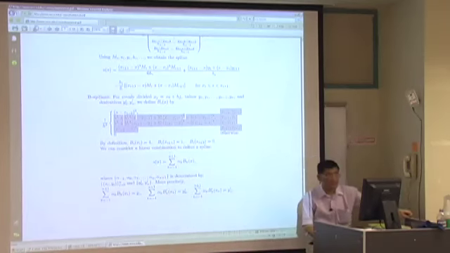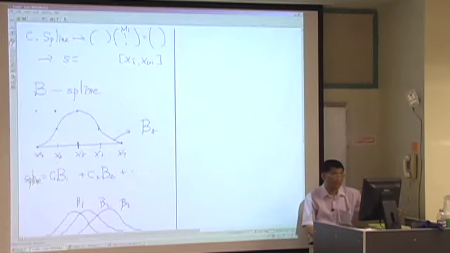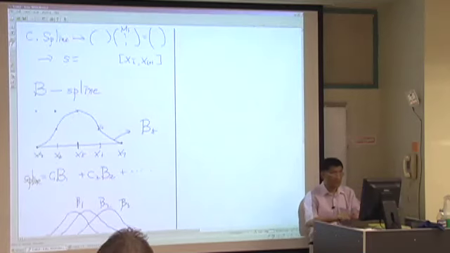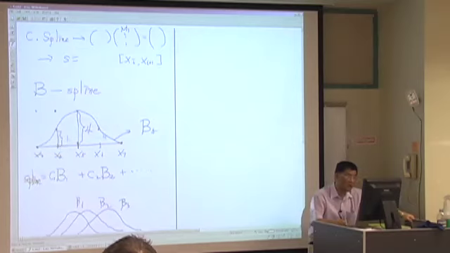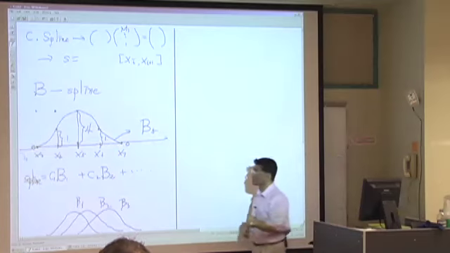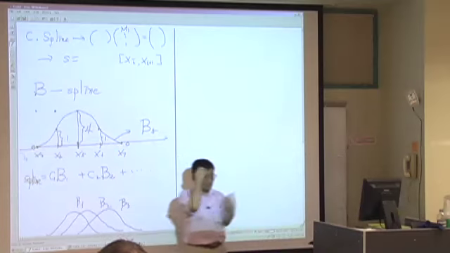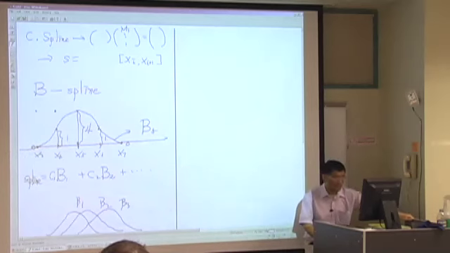I said it has the top position here, right? So roughly, if we measure the height, we want to have 4 here, and 1 here, and 1 here, and then 0 here, and then all the way 0, 0. If you plug them in, then you can find the numbers.